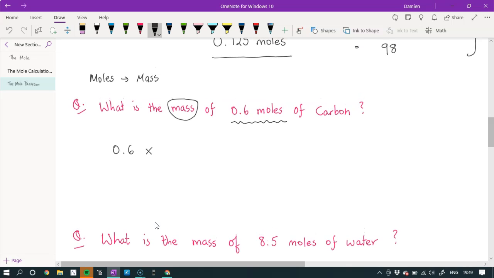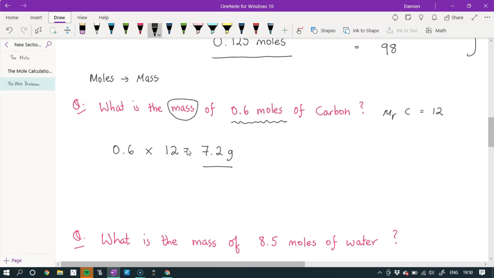You're dealing with carbon. So what's the molecular mass of carbon? MR of carbon is 12. So it's 0.6 multiplied by 12, and that works out at 7.2 grams.